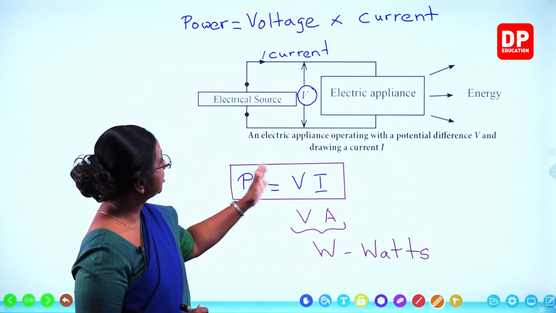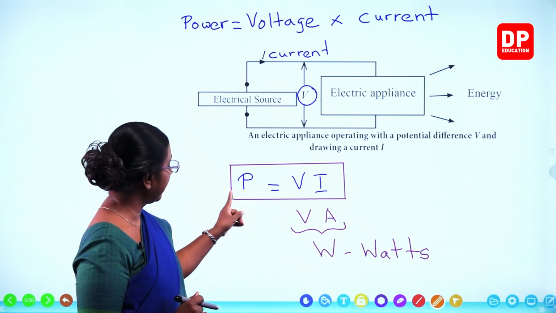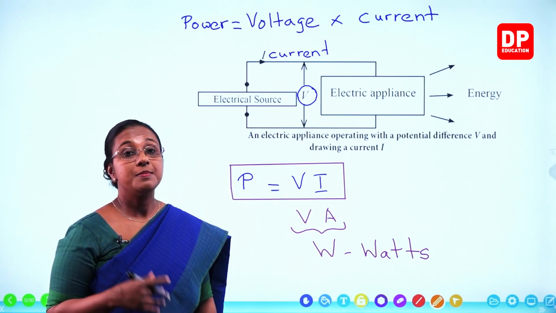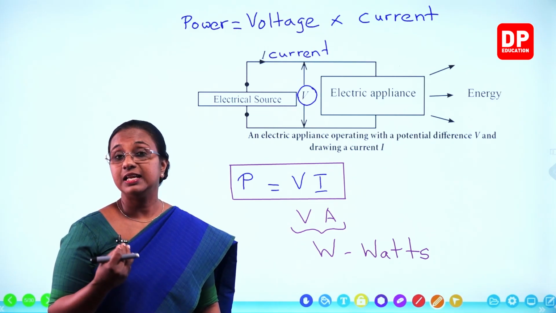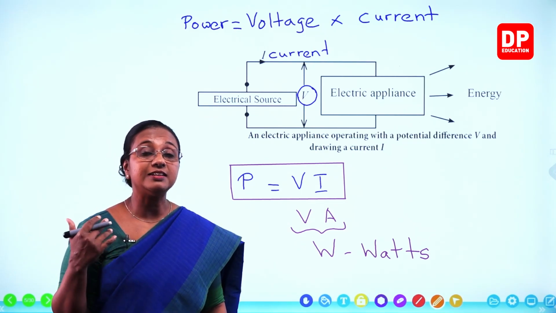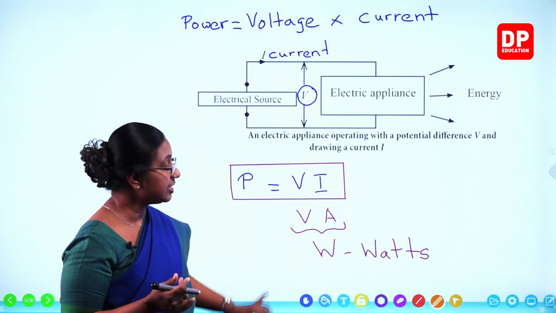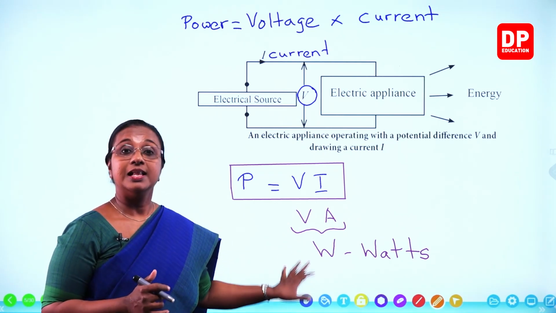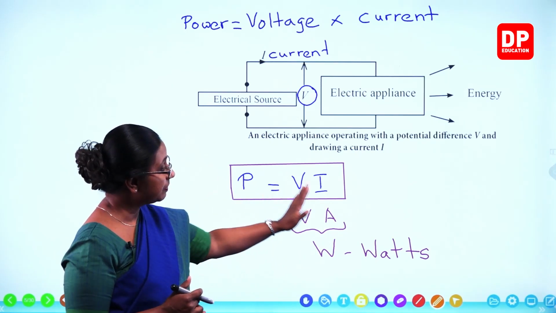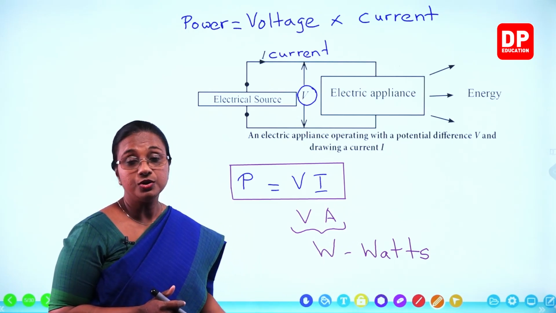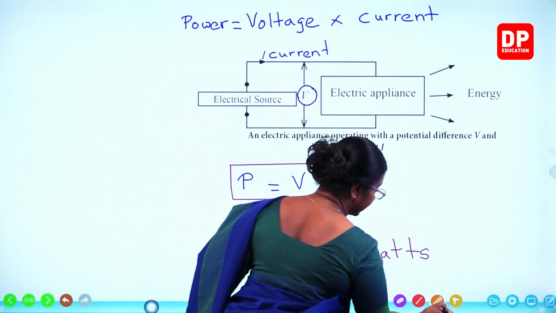There is a potential difference, a current flowing, and the power is potential difference into current, because power is the work done in a unit time or the electric energy consumed in a unit time. Like I said, students, I'll be repeating this and how we derive the equation again. I will move on to the next slide.